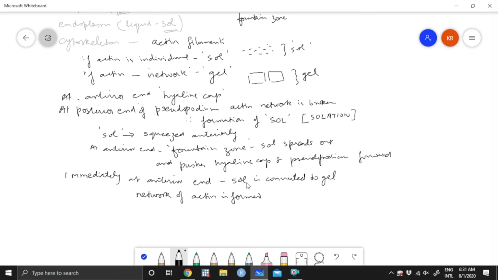So there are certain conditions of when this is individual and the condition gets quickly changed at the anterior end. That condition is altered and therefore the network of actin is formed. That means it is getting converted from sol to gel. So this is called as gelation. Gelation means it becomes hard.